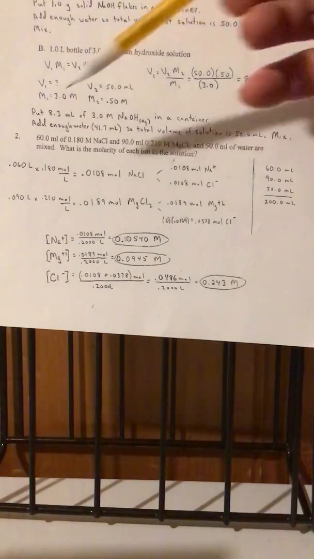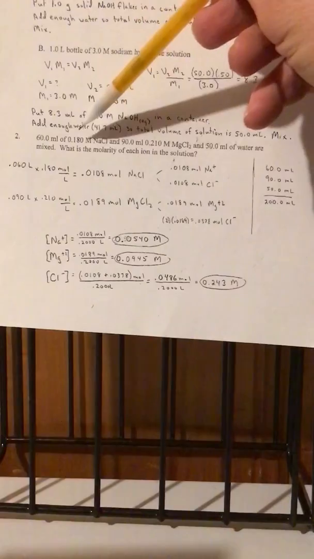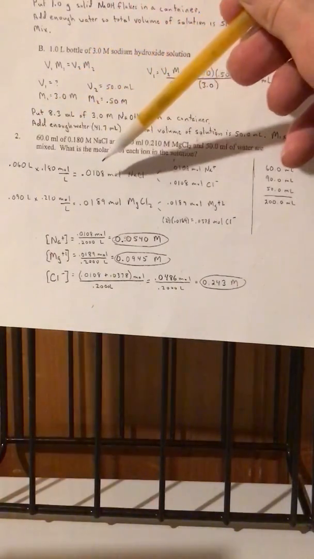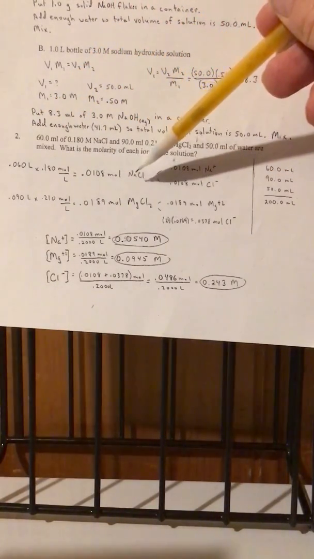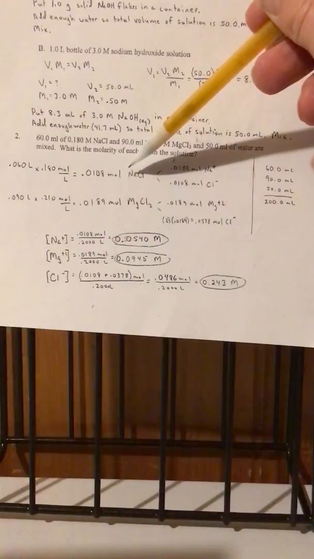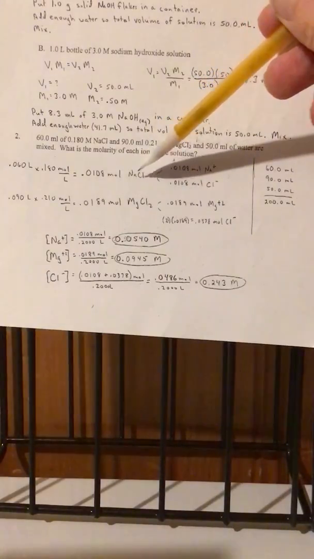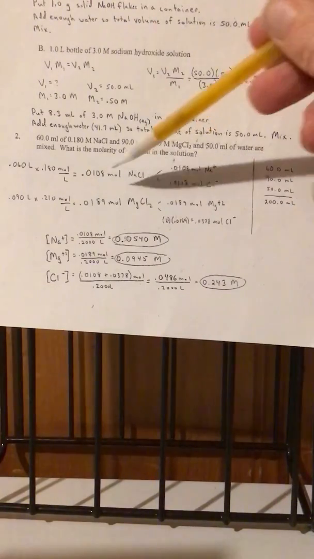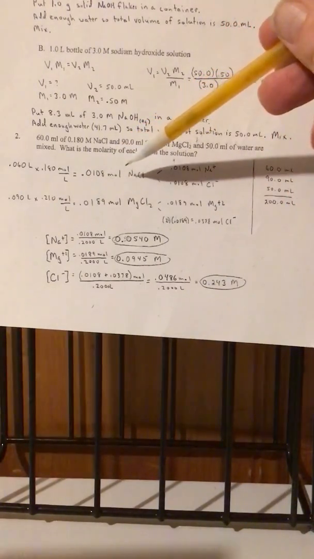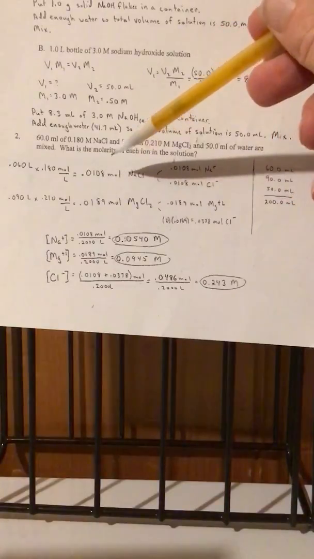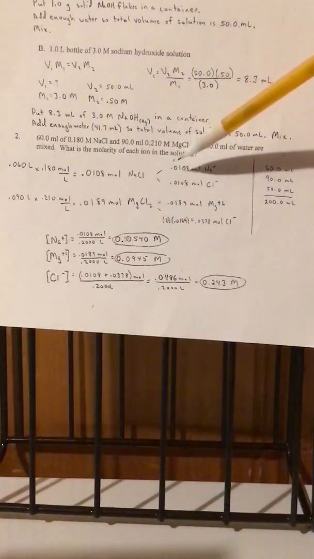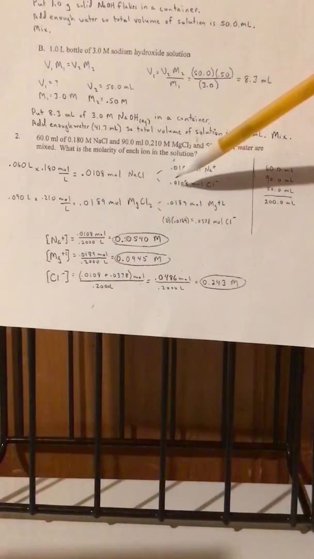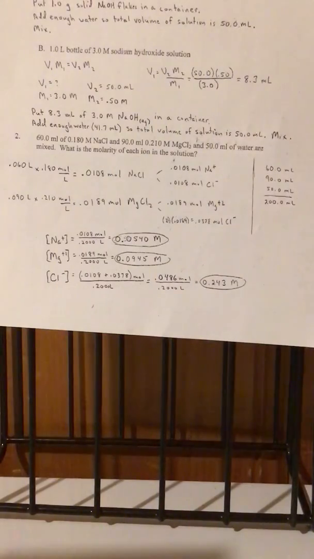You have the milliliters and the molarity, so you can multiply those together to get the moles of NaCl. Because NaCl breaks up in a 1-to-1 ratio, like a single decker ice cream cone, if you have 0.0108 moles of NaCl, you have 0.0108 moles of Na+ and 0.0108 moles of Cl-.